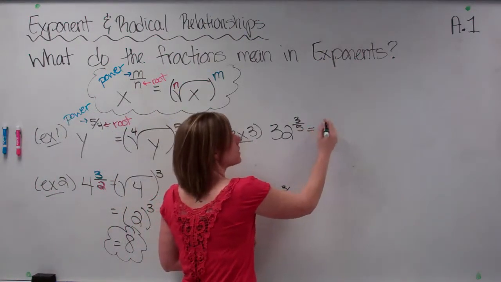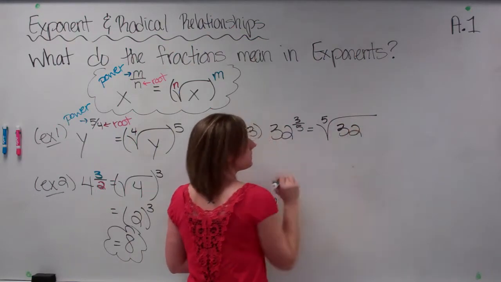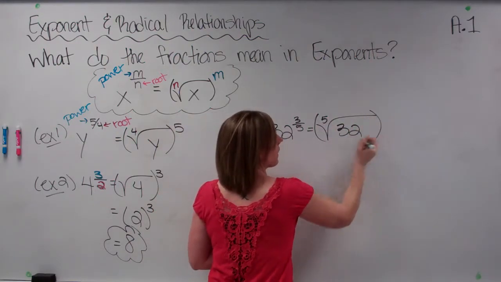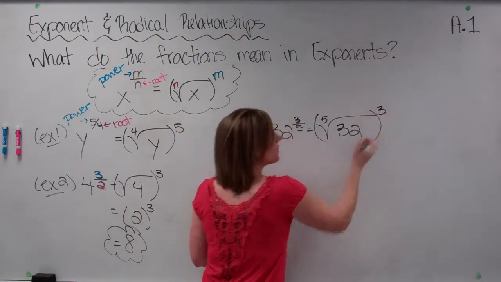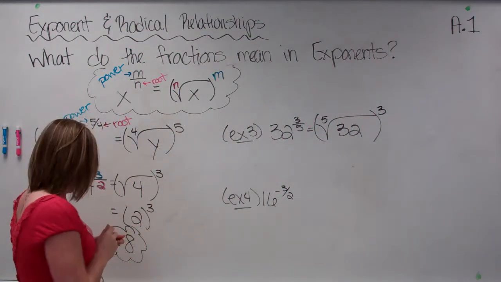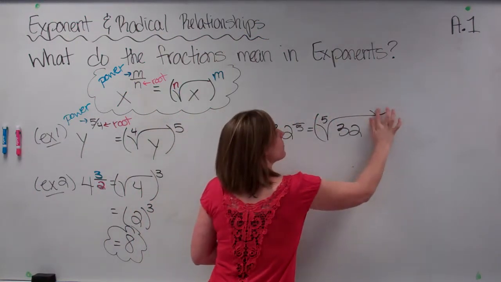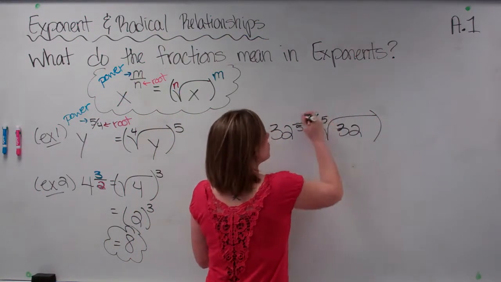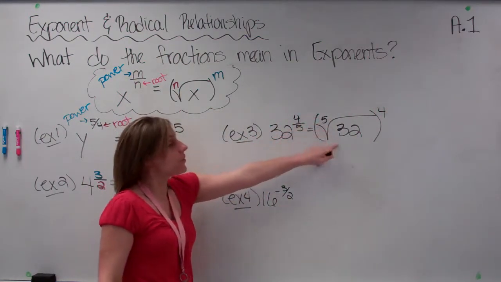So we do the same thing here. The root is a 5th root of 32. Okay? And then the power is, we would take that to the 3rd power. And actually, I think I'm going to change that just because I did it in my head, and it's going to be a little repetitive. So let's say to the 4th power instead. Okay? So the 5th root of 32.